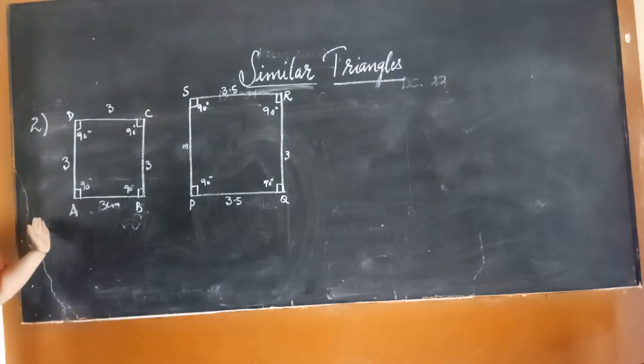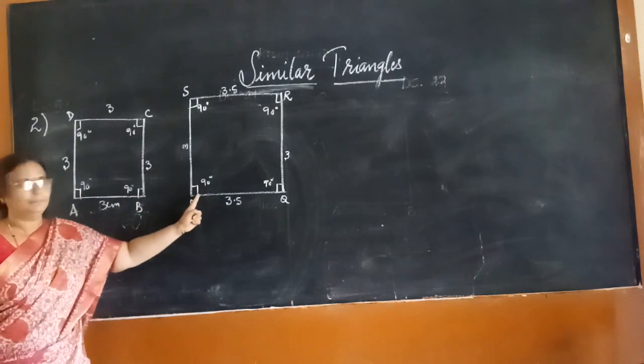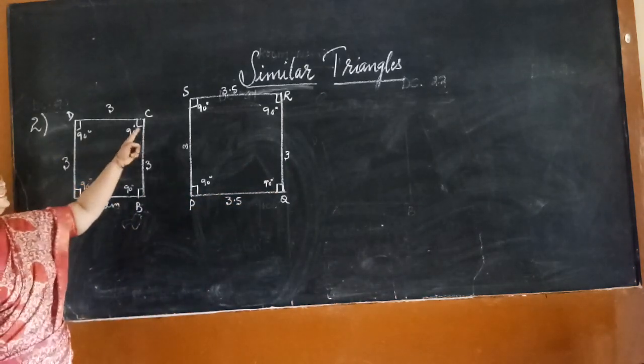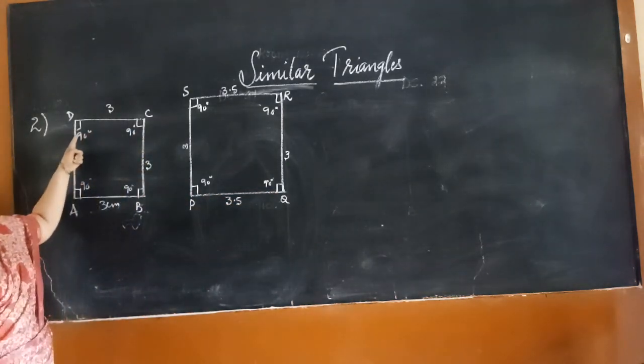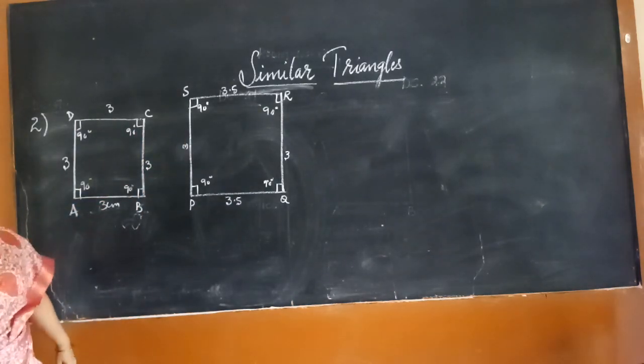The first condition to say the figures are similar is that corresponding angles are equal. Are the corresponding angles equal? Let us check. Angle A is equal to angle P. Angle B is equal to angle Q. Angle C is equal to angle R. And angle D is equal to angle S. Yes, our first condition is satisfied.